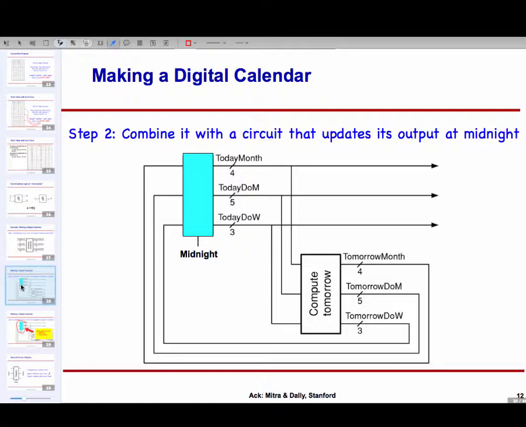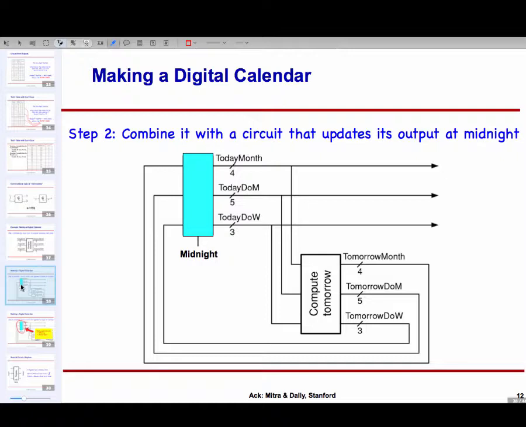The special circuit updates its output only when something special happens at midnight. A tick comes, a quick pulse on the midnight line, and it copies the input to the output. Otherwise, it doesn't do anything.